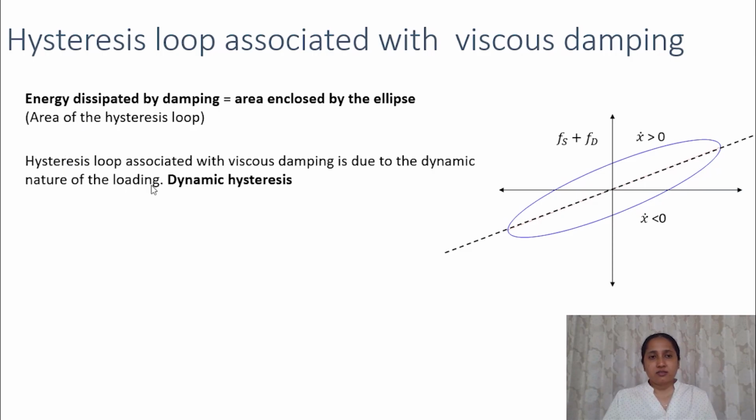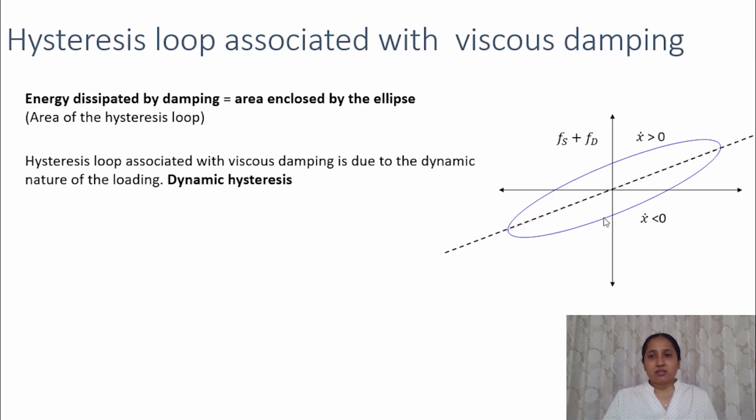And the hysteresis loop associated with viscous damping is due to the dynamic nature of the loading, and this is called dynamic hysteresis. So this particular force deformation behavior is due to the dynamic nature of the loading, and this hysteresis should not be confused with the hysteresis when a cyclic load is acting on an inelastic material.